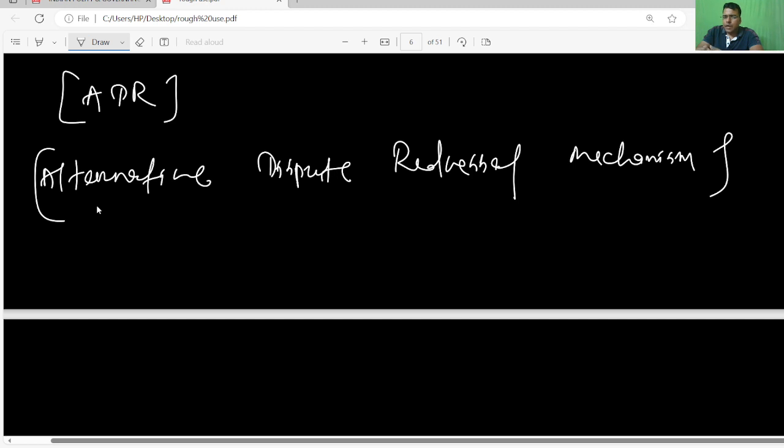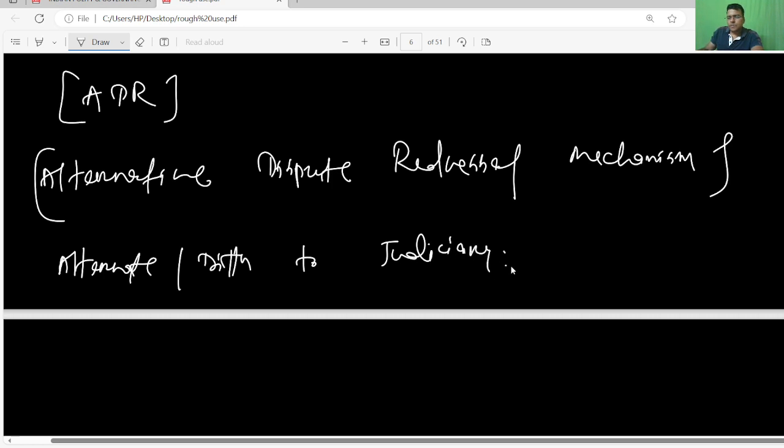So what is ADR? I will tell. Alternative dispute means beyond court, beyond judiciary. Alternative, this is alternate to judiciary, different to judiciary. This is alternative dispute redressal mechanism.